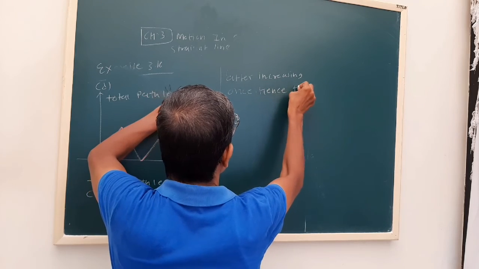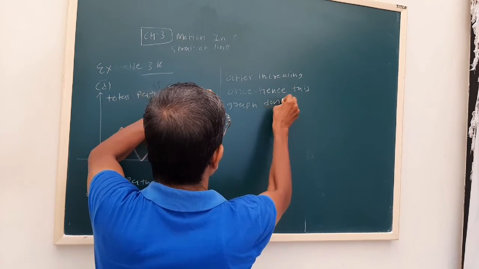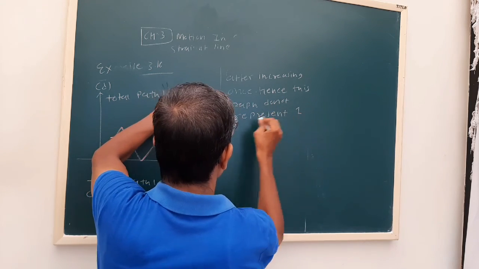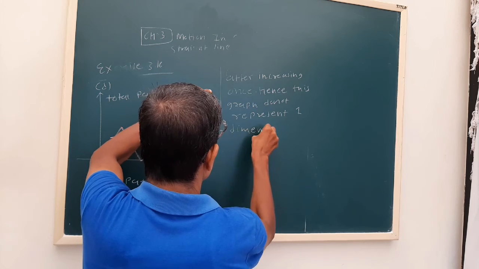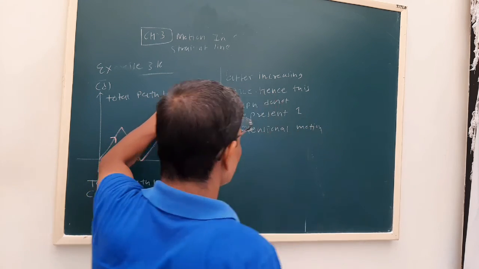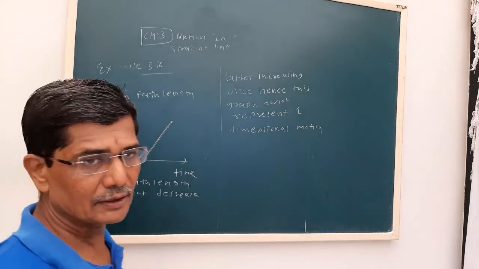Hence, this graph does not represent one dimension motion. So this is all about exercise number 3.6.